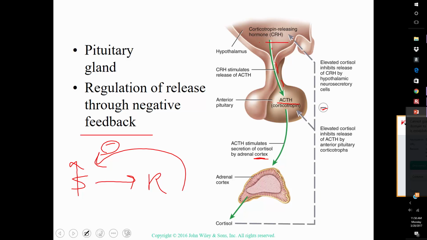If your stimulus is a high level of thyroid hormone, then you inhibit the system to bring thyroid hormone level back to where it should be. If your thyroid hormone is too low, then you stimulate the pathway, bring up thyroid hormone to where it should be. So that's how this negative feedback mechanism works.